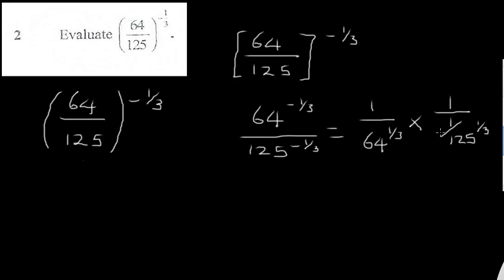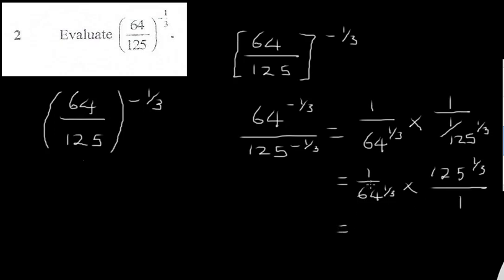But this is telling you that the denominator goes on top and the numerator comes down. So you'd have 1 over 64 to the power 1 over 3, multiplied by 125 to the power 1 over 3 over 1.